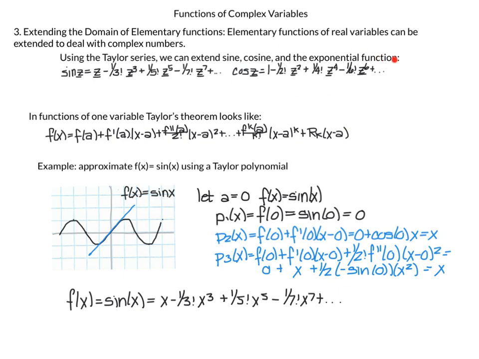We did not do cosine, but you could do something similar, and you'll see cosine is equal to the even terms, 1 minus 1 over 2 factorial z squared plus 1 over 4 factorial z to the 4th minus 1 over 6 factorial z to the 6th, and so on.